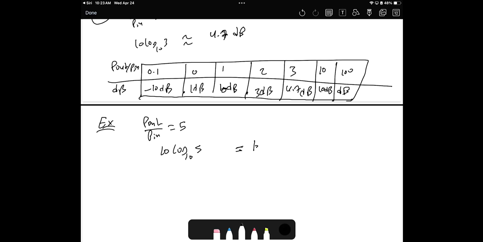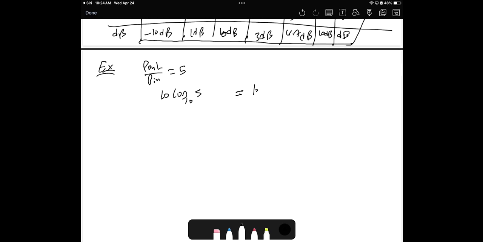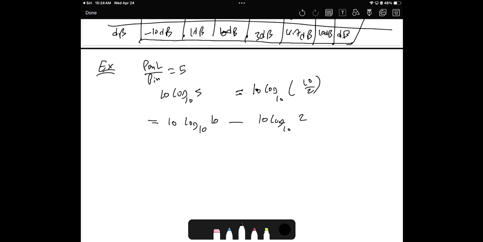So it can be written as 10 log base 10 of 10 over 2, since 5 is 10 over 2. Which can be written as 10 log base 10 of 10 minus 10 log base 10 of 2. We know this property: if it's division, it can be subtracted.